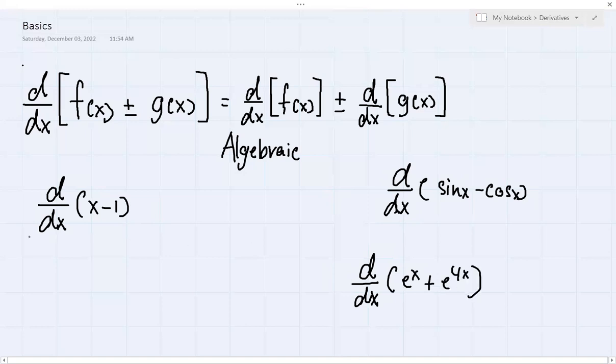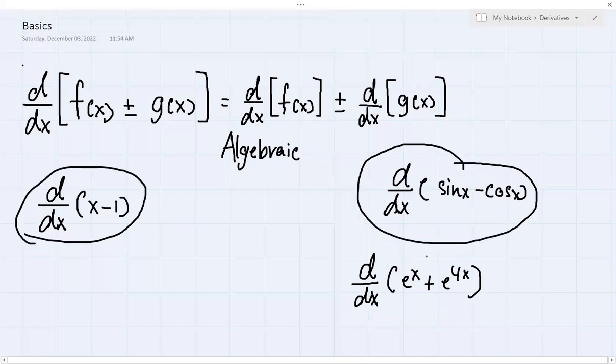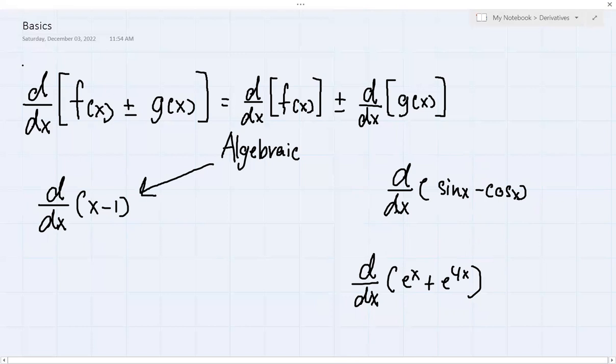Mga ganun. So itong tatlong examples, naka sum or difference sila. Okay? Kasi they are being separated by the addition or subtraction operation. Okay? So, these examples, they are different. Ito, algebraic to. Ito, trigonometric. At ito, exponential.